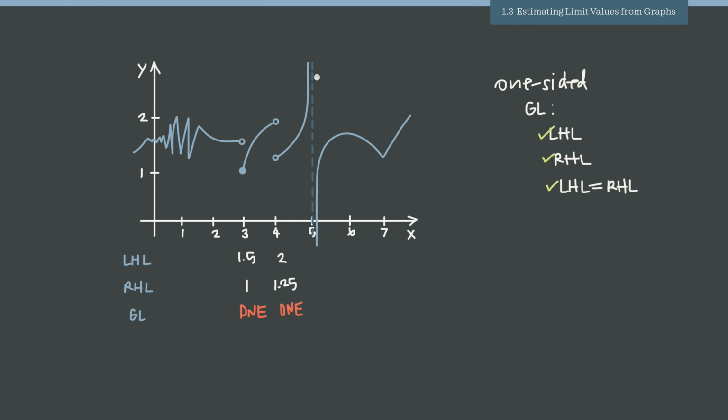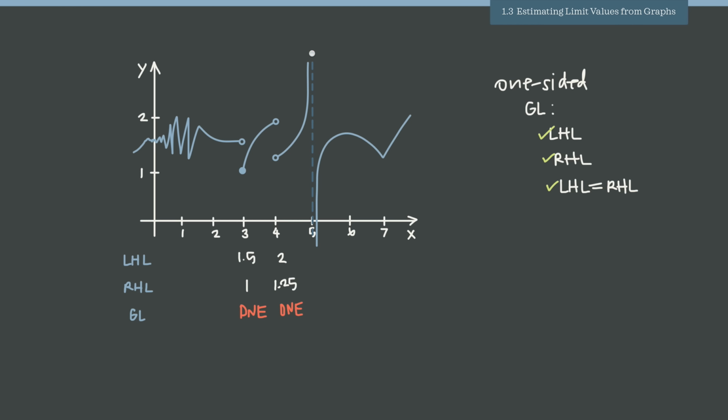At x equals 5, we have a vertical asymptote, so we have an infinite discontinuity. Technically, when we have an infinite limit, we say that the limit does not exist, because a limit of positive or negative infinity is not a real number, and in order for a limit to exist, it needs to be a real number. However, we still will also describe the limit as positive or negative infinity to give information about how the graph is behaving.